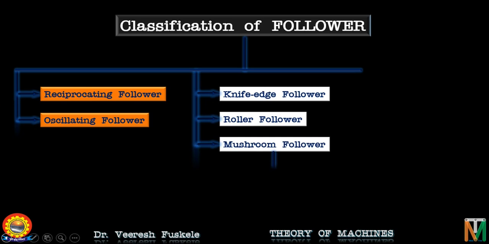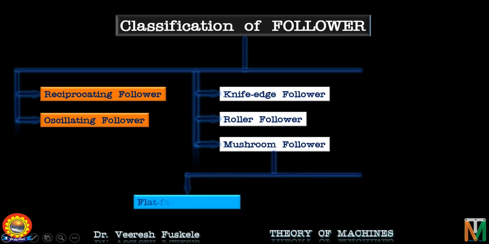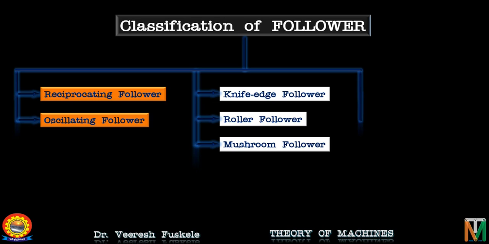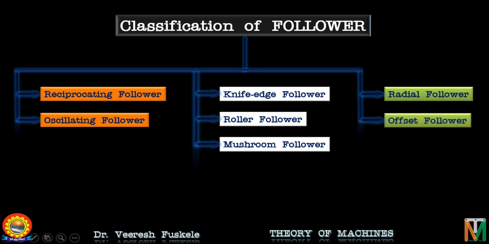Mushroom follower is further classified as flat faced follower and spherical faced or curved faced follower. Further, according to the location of line of movement, they are classified as radial follower and offset followers. This is the basic classification of the followers. Let's see them one by one.